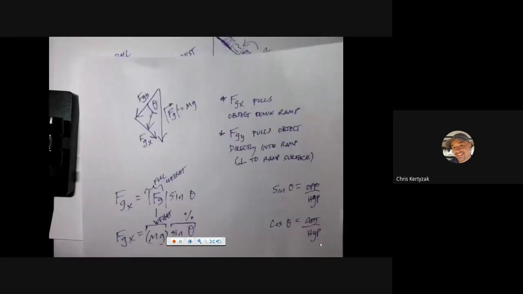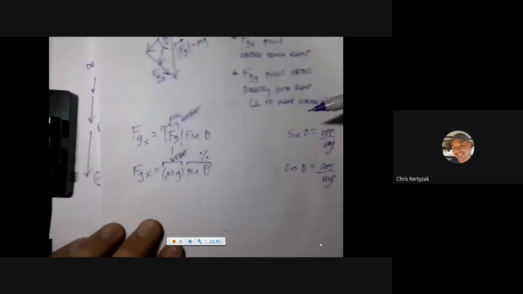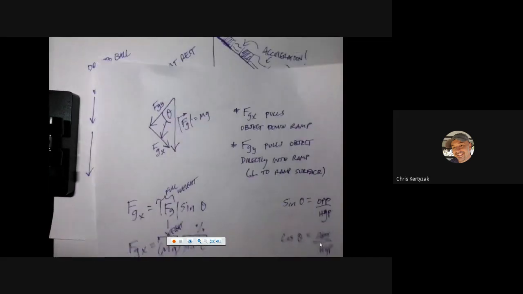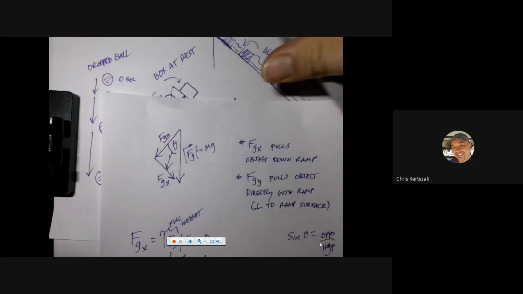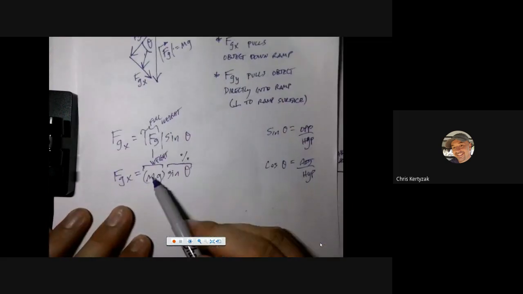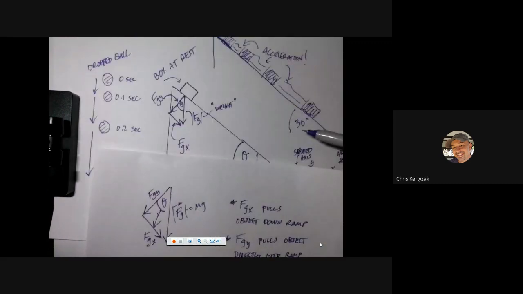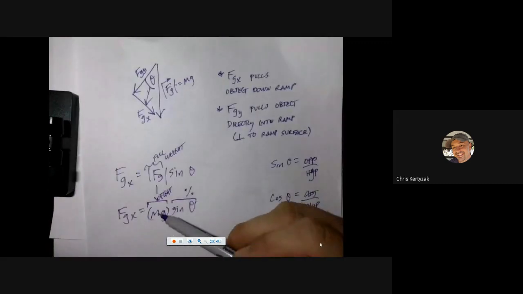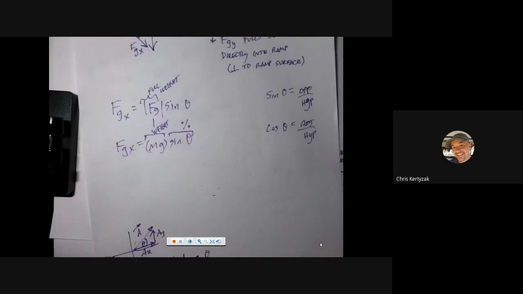That means if I slide down this hill with my sled, assuming there's no friction, actually it doesn't even matter if there was friction or not, it's still true that if I slide down this hill on a sled, the amount of force pulling me down in that direction, causing the motion, would be 50% of my weight. Again, if it was sine 30, because this angle was 30 degrees. My weight was 800 newtons, then it would be 400 newtons of force pulling me down in that direction.